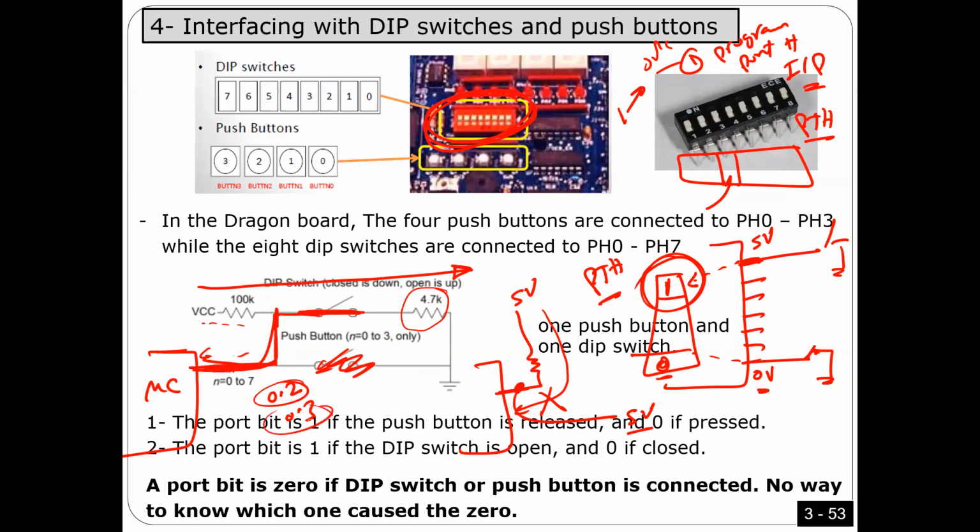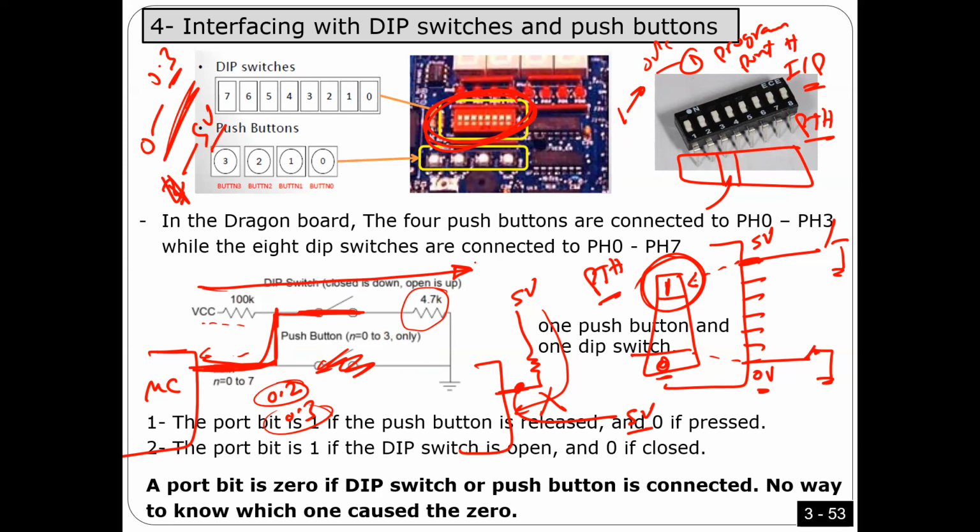So 0.2, 0.3 is going to be interpreted as logic 0, because logic 1 or logic 0 has a range of voltage. For example, from 0 to 0.3 should be logic 0, or from 4 to 5 volt can be logic 1. Anyway, so the current has to go this way.